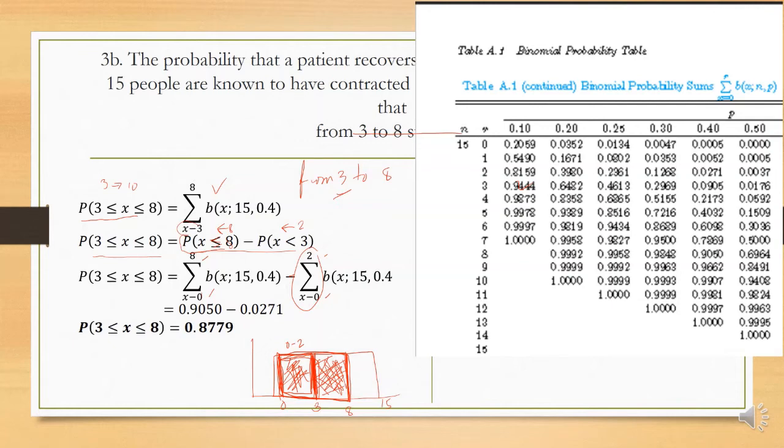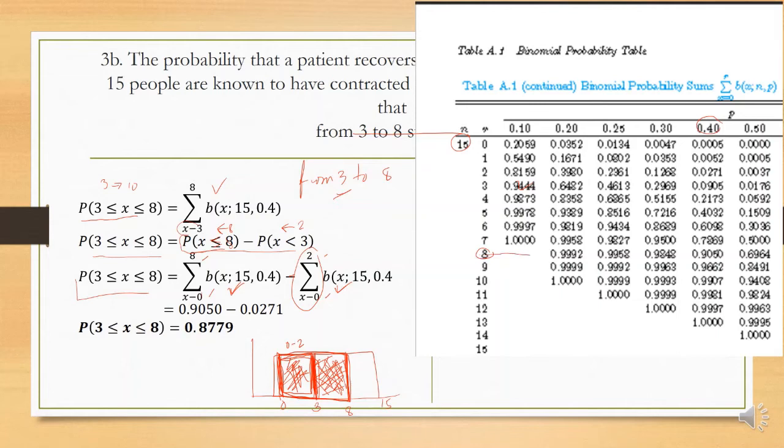Okay? So, para hindi kayo mahirapan, always go back to this video para kung meron kayong mga ganitong problem, 3 to 8, no, o kaya 4 to 5, you have to remember to write your notation at sundan kung paano natin ginawa nito. Okay? Ngayon, 0 to 8, 15 yung n natin, 0 to 8, ito yung 8, and 0.4 ulit tayo.